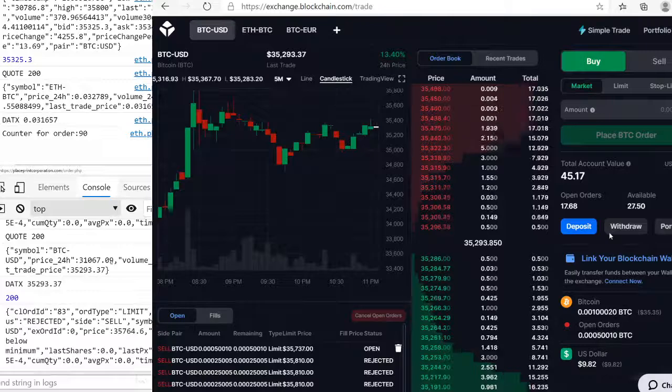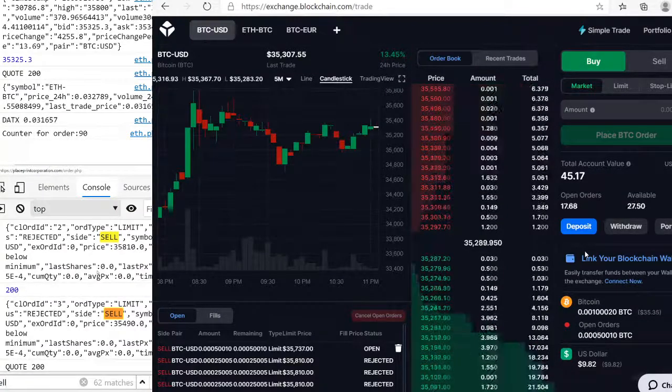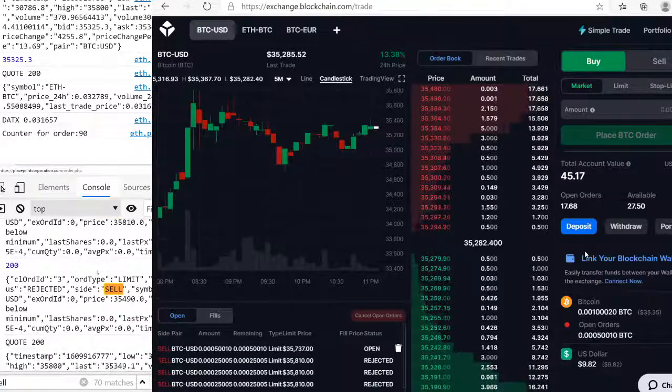Alright. Sell. Order size below minimum. What was the size? Leaves quantity. Oh, order size minimum.